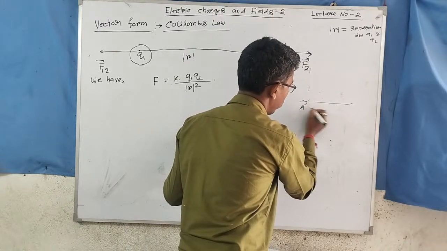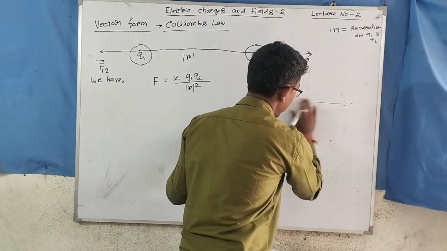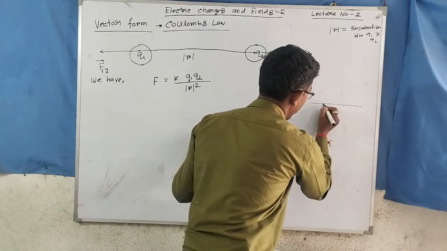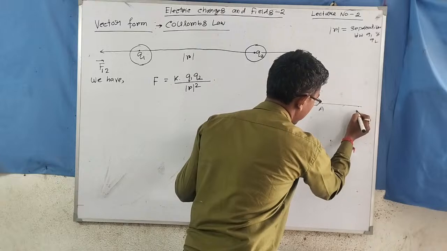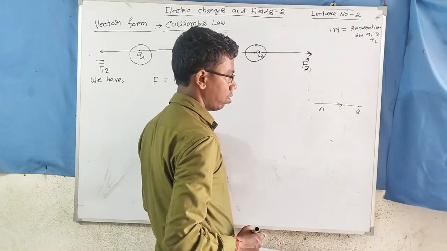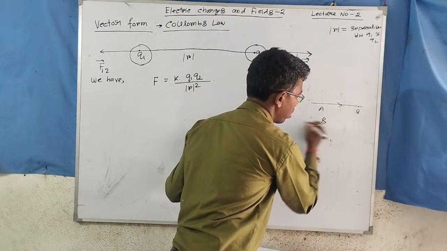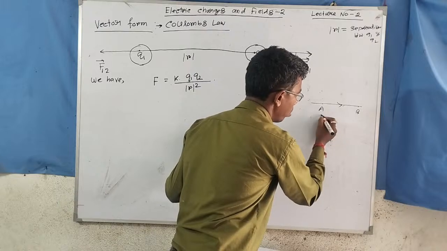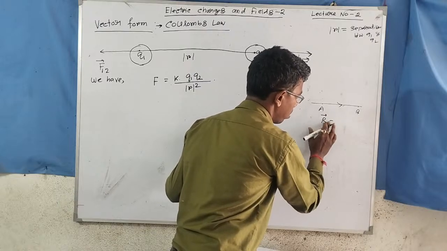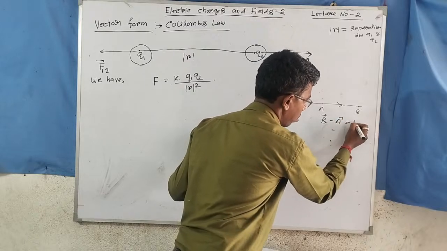Suppose a point A and a point B. The direction vector is the position vector of B minus the position vector of A, the vector BA.